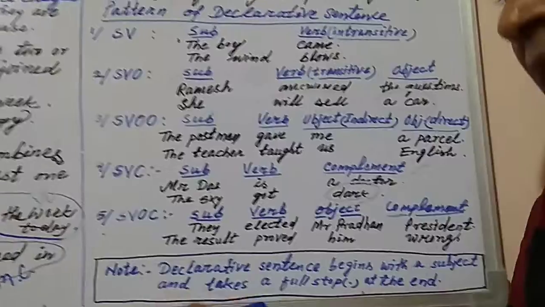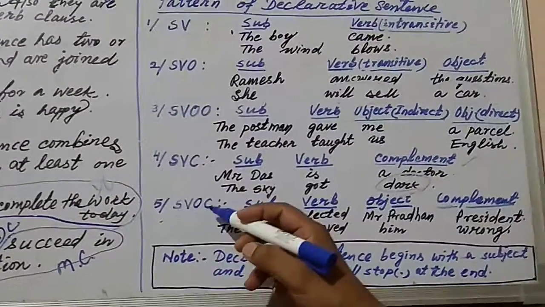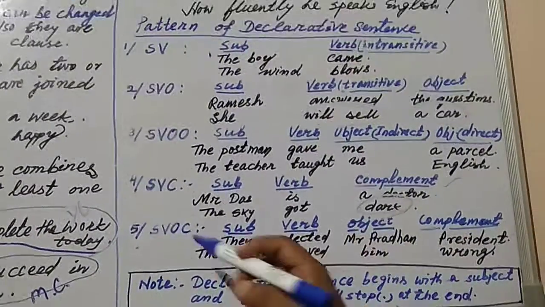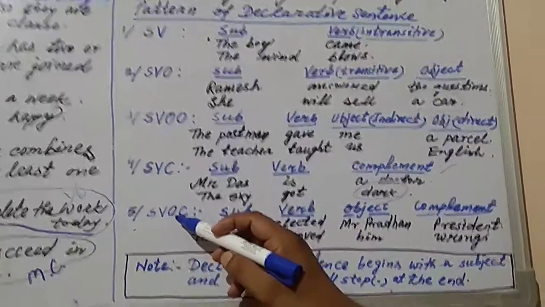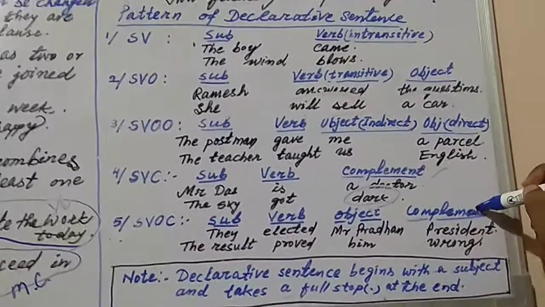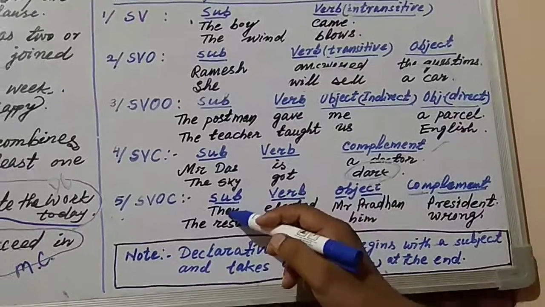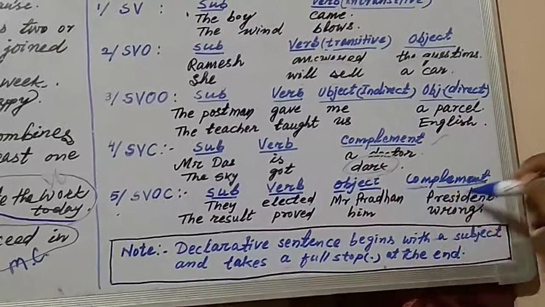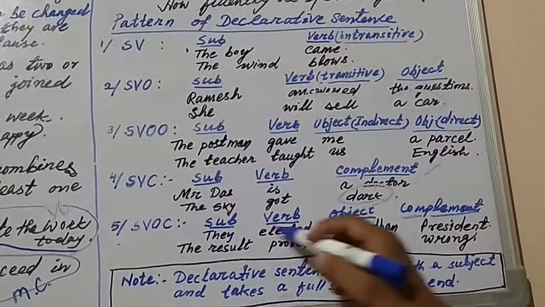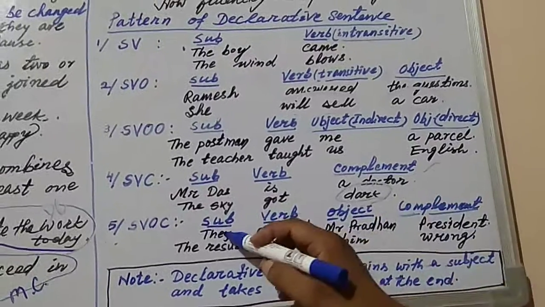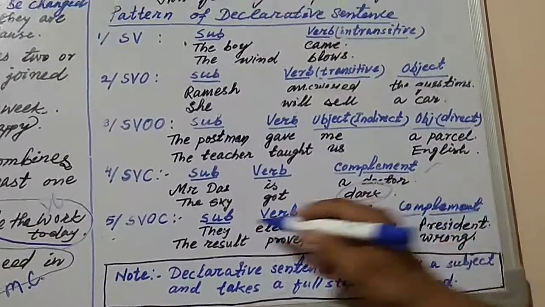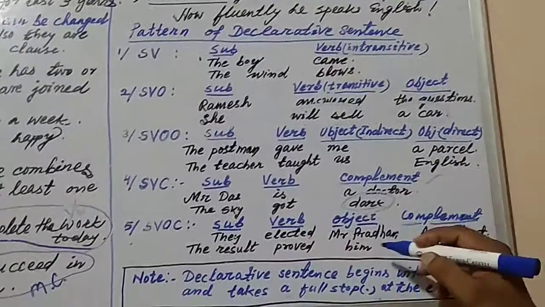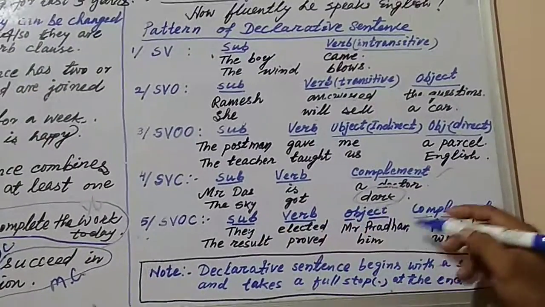Okay. Let's see next one, SVOC. What is SVOC? S means subject, V means verb, O means object, C means complement. Dear students, you see the example. They elected Mr. Pradhan president. You see here, they elected Mr. Pradhan. Subject, verb, object. But you see here, this sentence seems to be incomplete because they elected Mr. Pradhan.